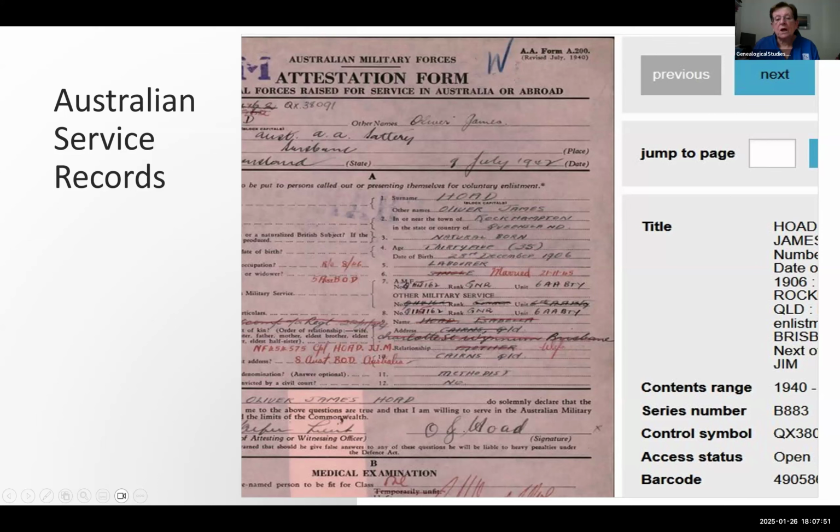You've got this guy, Mr. Hode, surname Hode, Oliver James, and he lives in Rockhampton in Queensland. He was born in Australia, and his age is there, 35. Date of birth is given. How helpful is that?